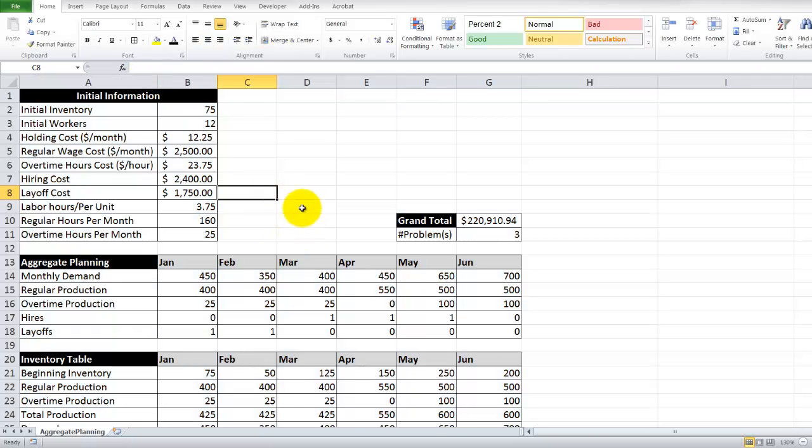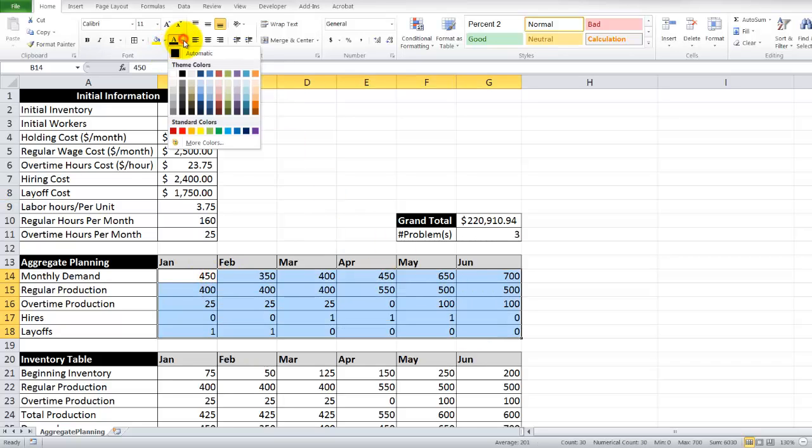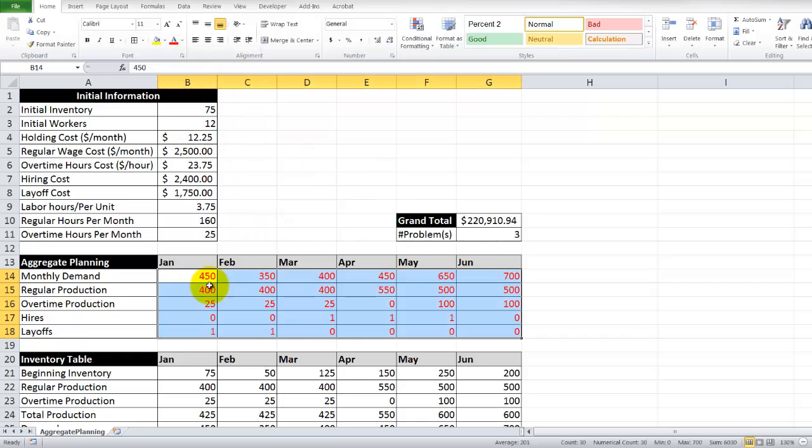And after resizing everything, the idea is that I can change anything in this red table, even the monthly demand, but we should assume that this monthly demand is somewhat accurate. And the things that we are going to change could be strictly the number of units we're assigning to regular time and overtime, or the hires and fires.